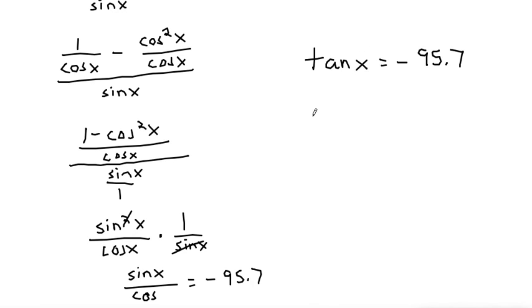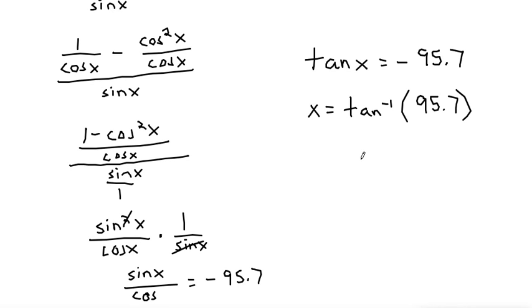So now, how do we find x? We take the inverse tan of both sides, so x is equal to tan inverse of negative 95.7. Using our calculator, make sure it is in degrees since the instructions want our answer in degrees.